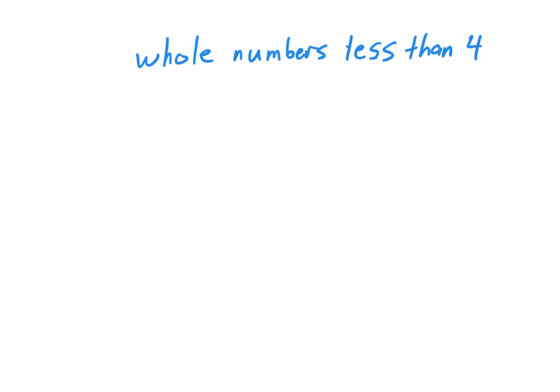When I talk about whole numbers less than 4, okay, and I ask you to express that out. There's a couple of different ways that can happen. And the reason we have a couple of different ways is because in some ways we could do it in a list. And when we do it in a list, we call that roster notation.